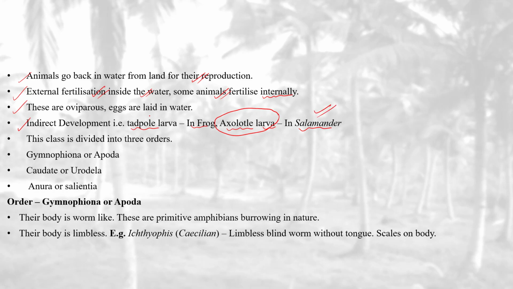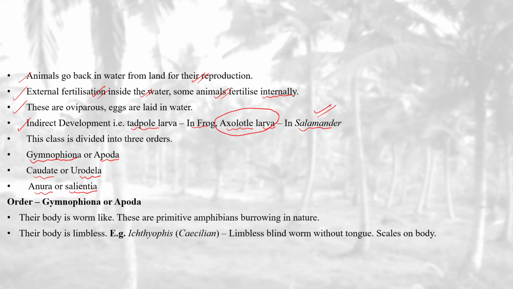Understood? Now the class is divided into three orders: Gymnophiona or Apoda, Caudata or Urodela, and Anura or Salientia. So all these orders we will be discussing in the next class. Please remember the names of the larvae: axolotl for salamander and tadpole for frog, and the different features we have discussed, like the presence of tympanum, which comes for the very first time in amphibians.